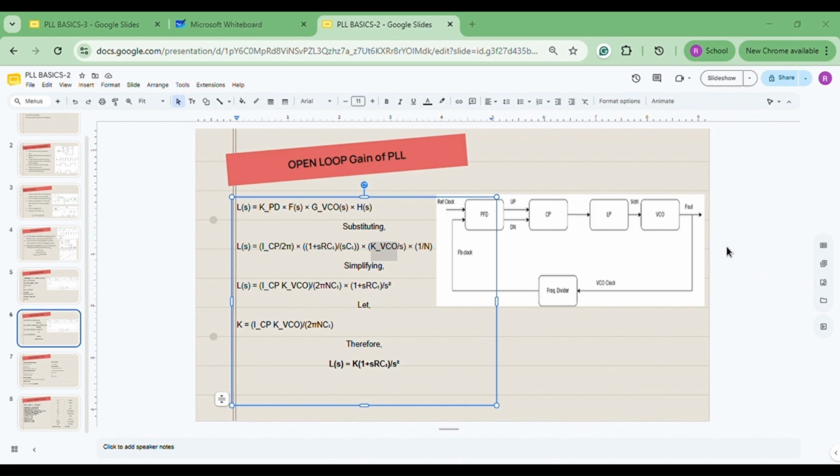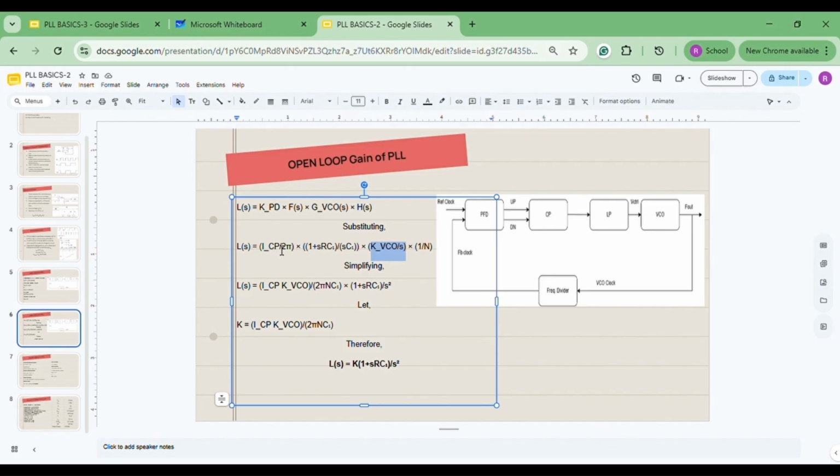For the gain of this VCO block, I have used 6.28 times KVCO, as we have discussed. Why are we using this 6.28? Last time we discussed this KVCO by S. When we go in terms of frequency and balance the units, we will add one more term.